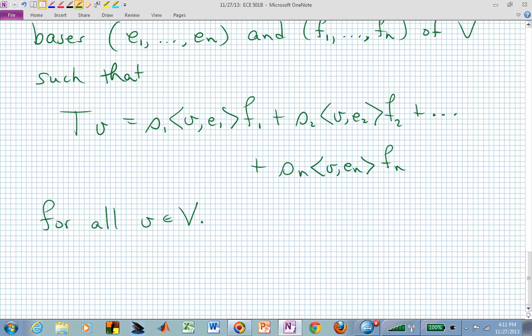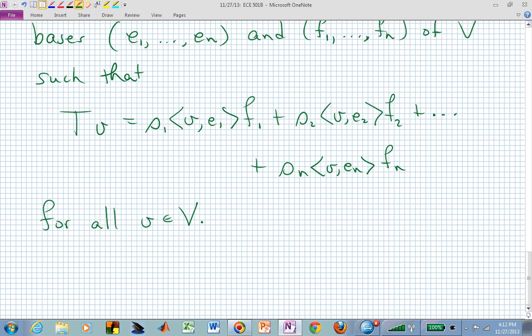The operator has some scaling given by the singular values, S1, S2 through Sn. We have two bases, and this will make more sense, I think, when we go through the proof of this. But we now have two different bases. First, we say, how does V align with one of the basis vectors?